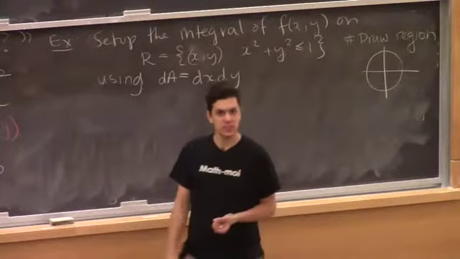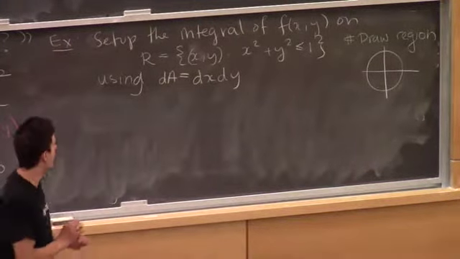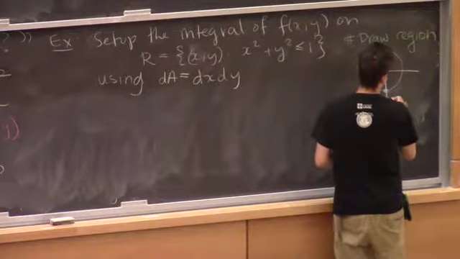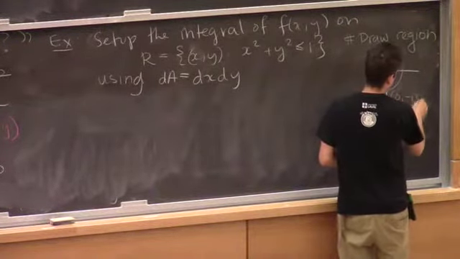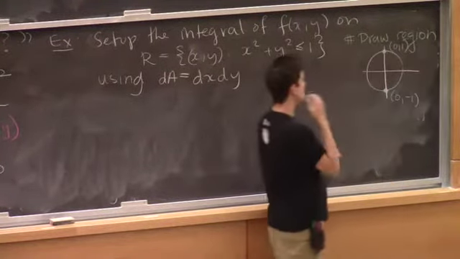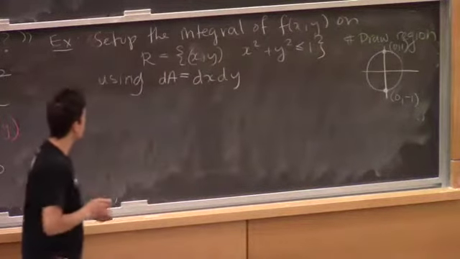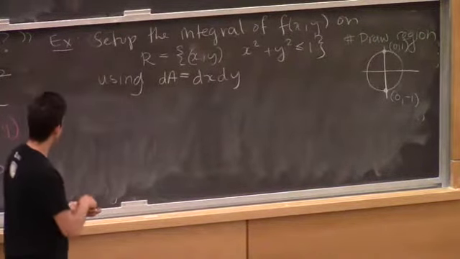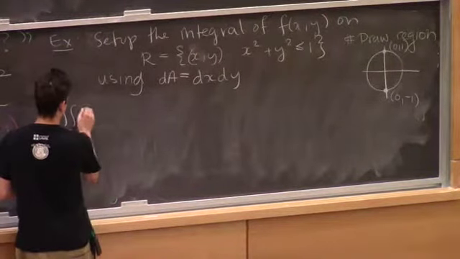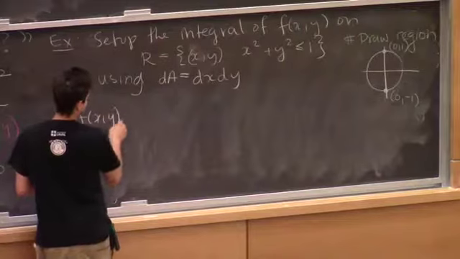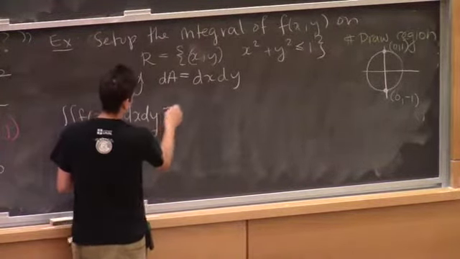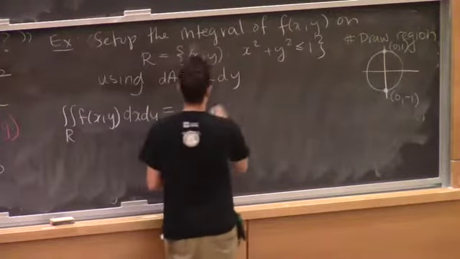Okay, so our region is the unit disk. It's got these guys as its top and bottom. So the integral dx dy will look something like this.